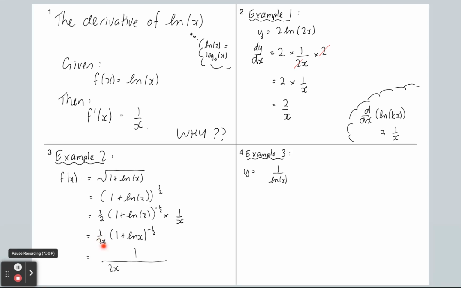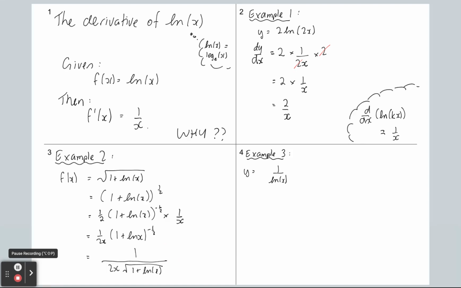That's a negative, so the power moves to the denominator. That's a negative a half, so it's going to become a positive a half underneath. And then I've got 1 plus ln x with the square root sign there. Now, if my jump from there to there was too much, ask me in class, and I will go through it a little bit more slowly for you.